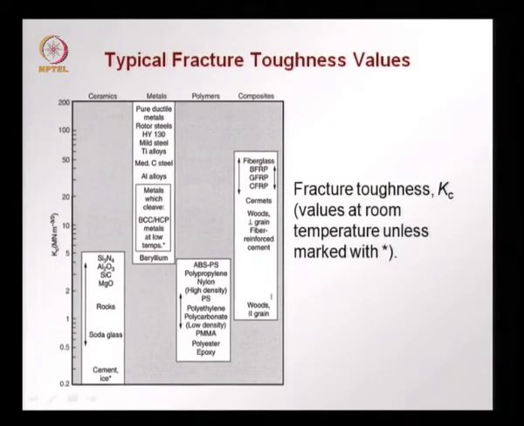We will look at this again when we talk about timber. Perpendicular to the grain, there is a higher crack resistance, the fracture toughness is higher. Composites, which are polymers reinforced with different types of fibers, are more at the top. Boron fiber, glass fiber, carbon fiber reinforced polymers.